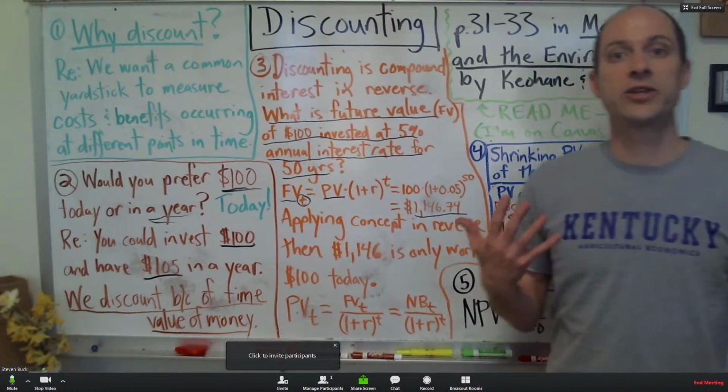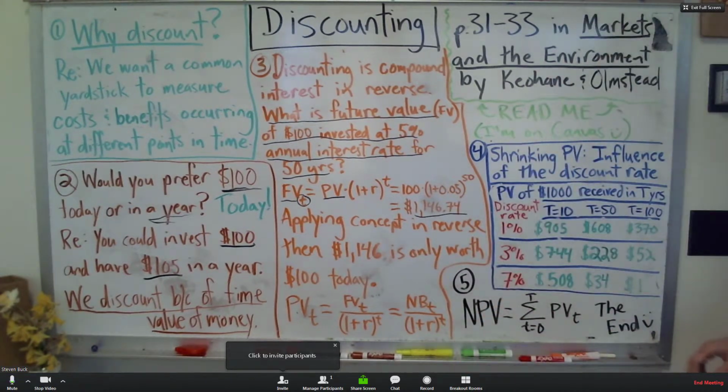Finally, let's consider the 7% discount rate. $1,000 received 10 years from now, applying the 7% discount rate is going to be worth $508. $1,000 received 50 years from now, applying our 7% discount rate is going to be worth $34. Receiving $1,000 100 years from now, applying our 7% discount rate is only going to be worth $1.